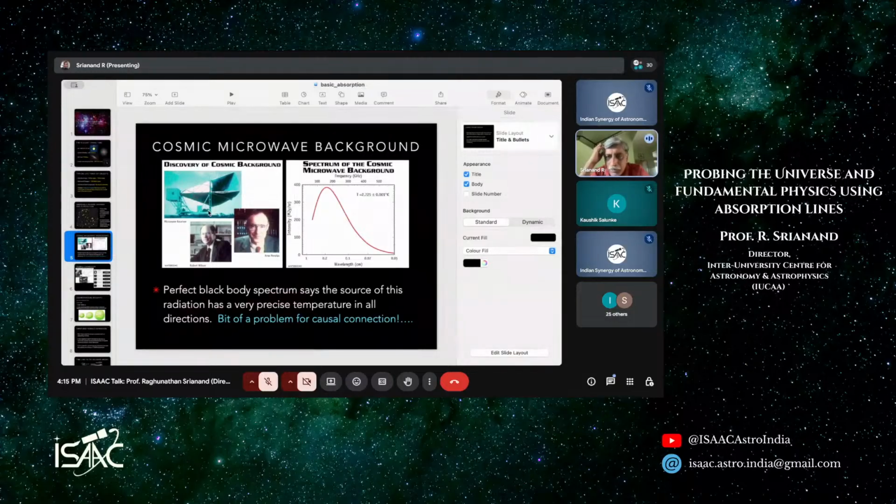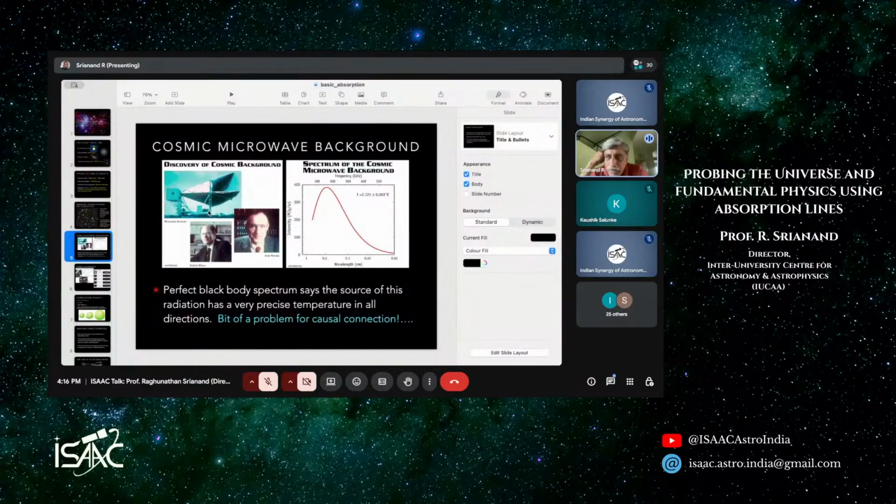Up to this point, I guess you are getting what I'm trying to say. That's fine. But now comes the problem. I look in the north, so I'm looking at a completely different hemisphere of the universe. I can go south and look at some other part of the universe. I'm saying that the same radiation with the same kind of spectrum is present in both directions, which is a problem.